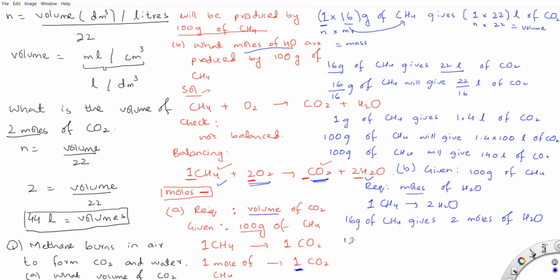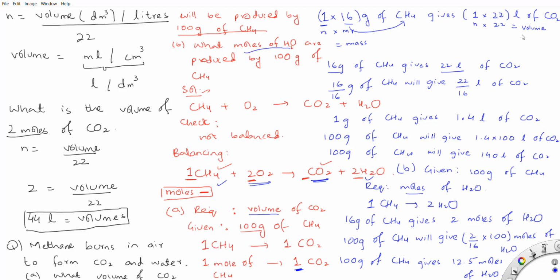So I can write directly that 100 grams of methane will give 2 over 16 times 100 moles of water. So I have my answer: 100 grams of methane gives 12.5 moles of water. By using the same tools, we can work out any possible calculation of a stoichiometric analysis.